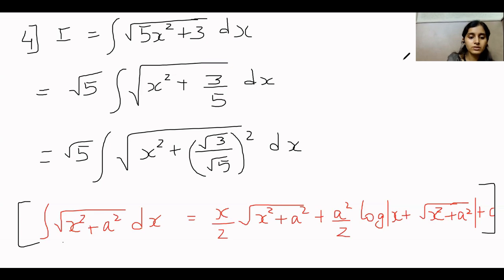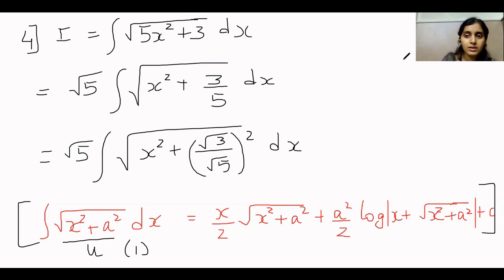Now, how do you derive it? You take the first function as u and the second function as 1, and then you will use integration by parts and get the answer. So, this is how you are going to solve this. Now I'm going to directly use the formula for this sum.